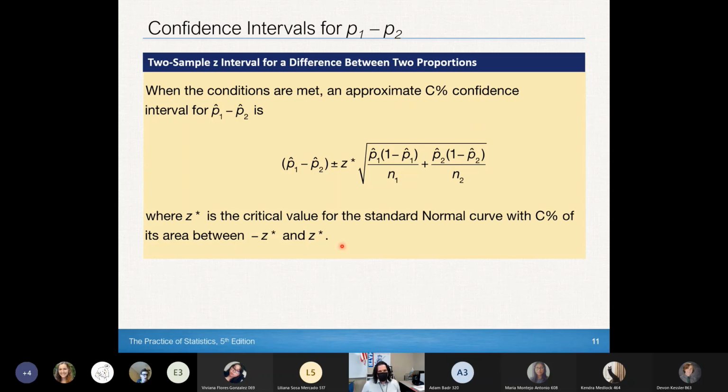So then we find the z value corresponding to the proportion of the tails. We'll see examples of this next week when you do this again, if you're not remembering this, and that's okay. Does anyone need a moment to write this down?